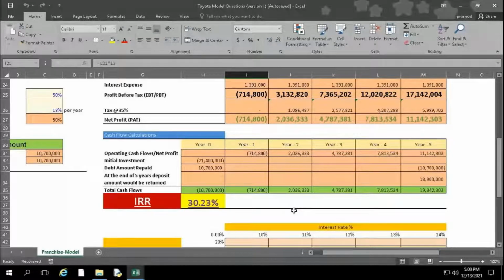So in the cash flow statement, initial investment for the first year, what do we have to take, sir?